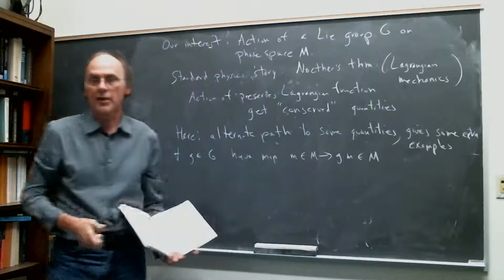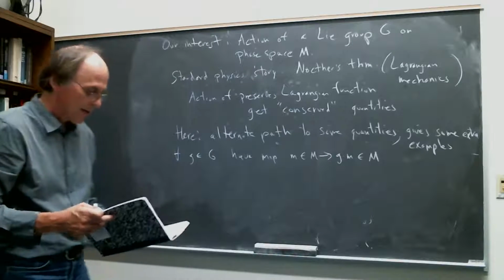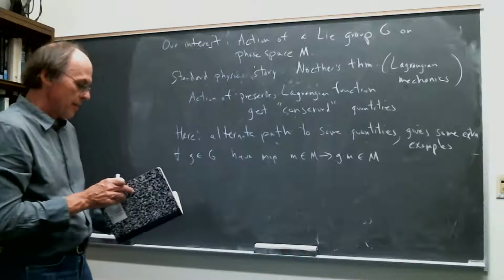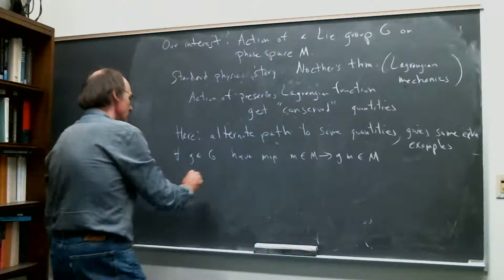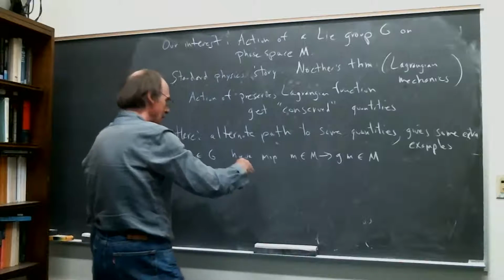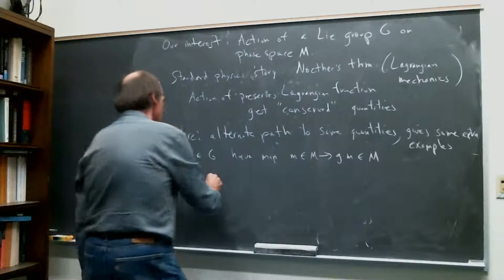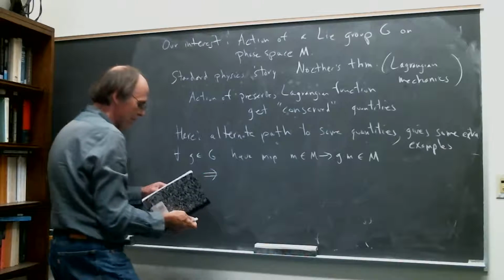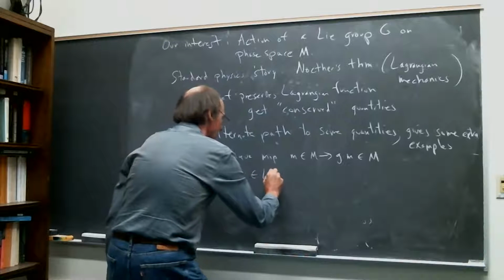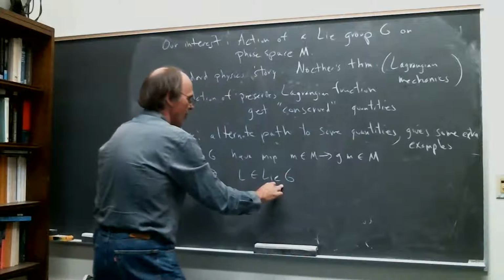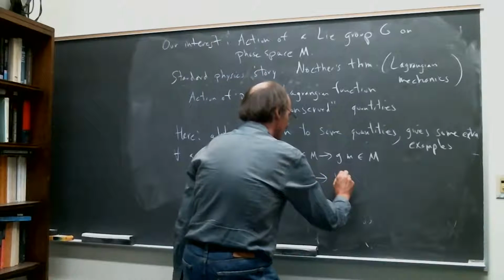This is the standard thing I've been talking about regarding group actions. And now, if you look at what this is doing infinitesimally at the Lie algebra, this implies that you're going to have a map that takes a Lie algebra element and gives you a vector field.